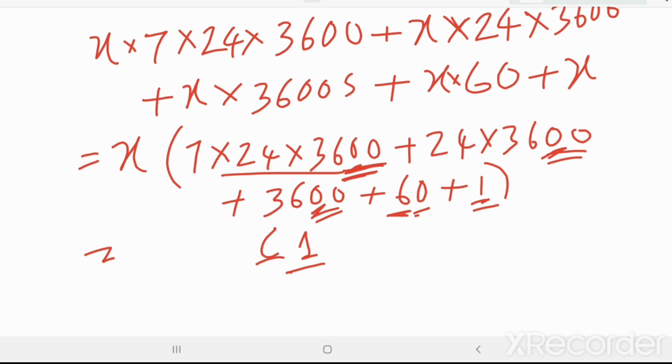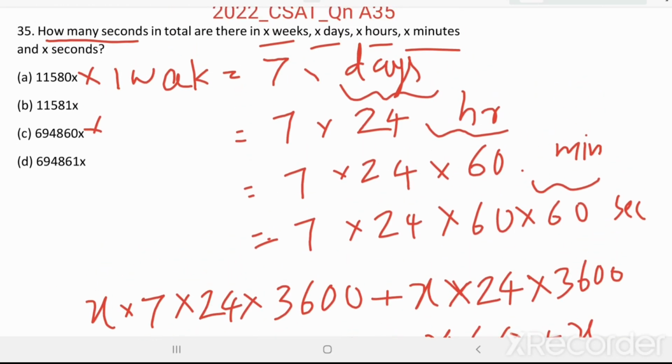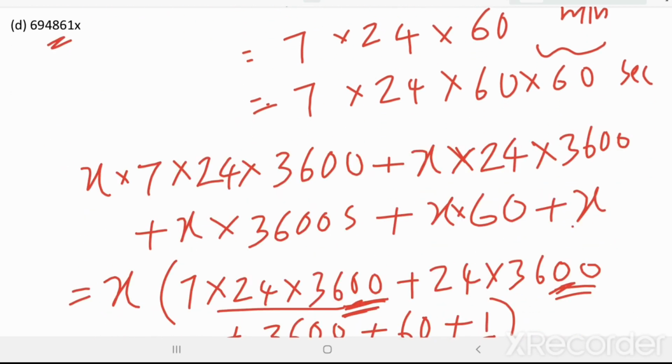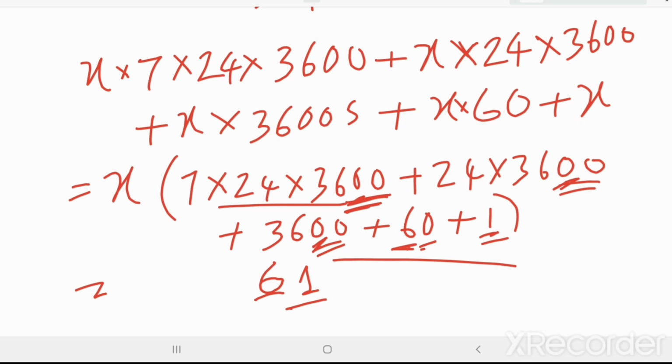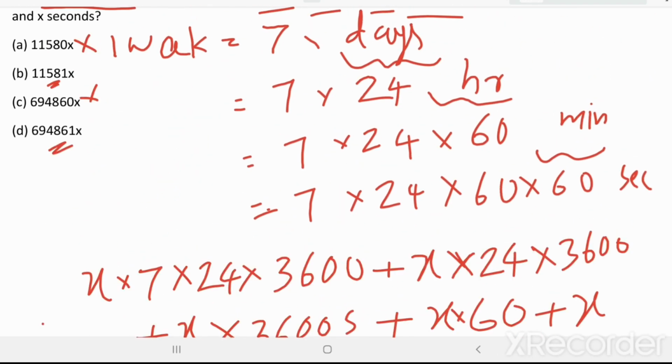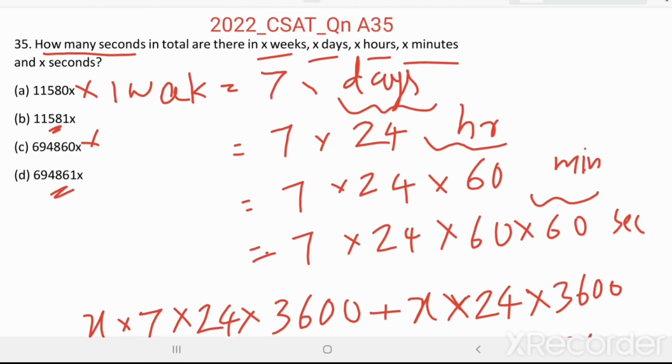So the tens place digit will be 6. So from the given options, here the tens place digit is 8 and here it is 6. Therefore, adding all these we get 694861 X. Option D is the right answer.